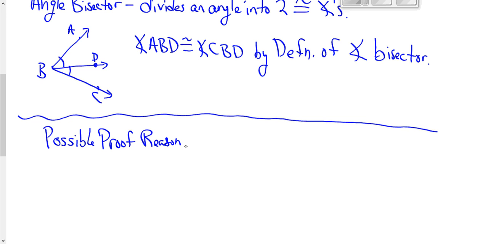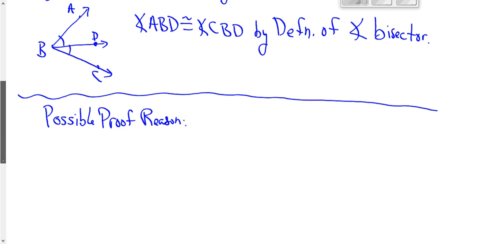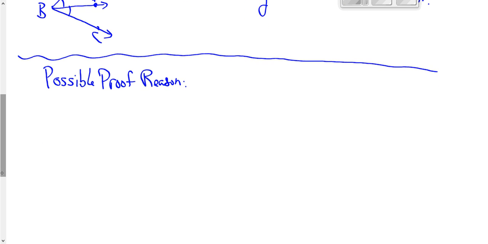It would be a good idea to compile some of these, not an exhaustive list, and we'll learn some more as we go along. Well, we already covered definition of segment bisector, like if you need to be able to say that two segments are congruent to each other. Definition of segment bisector.